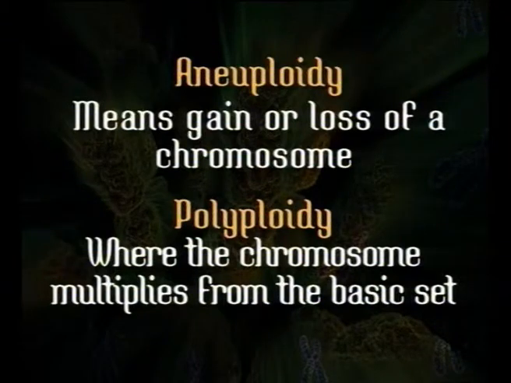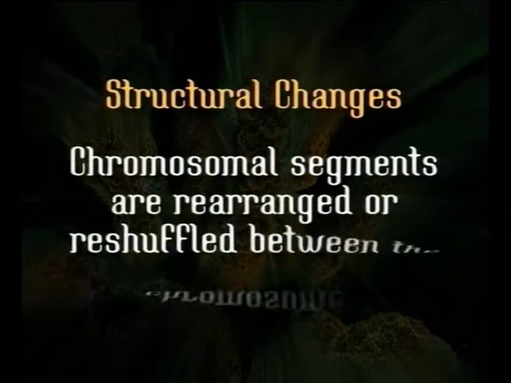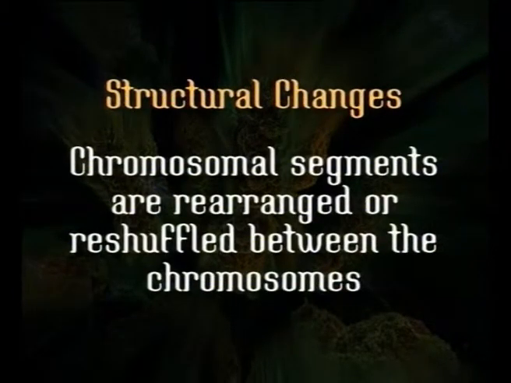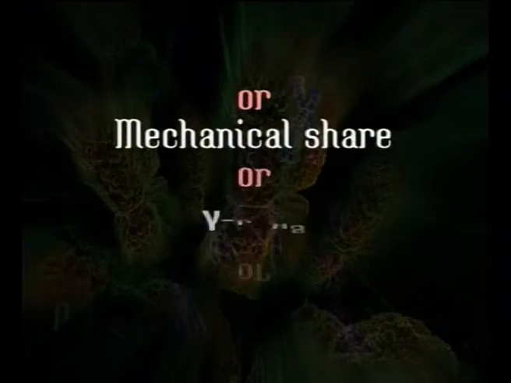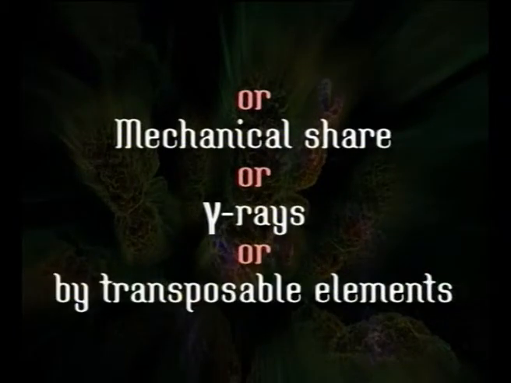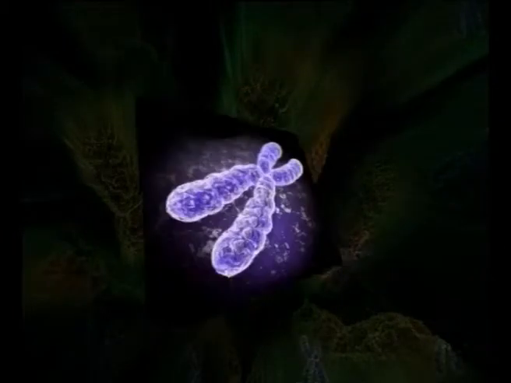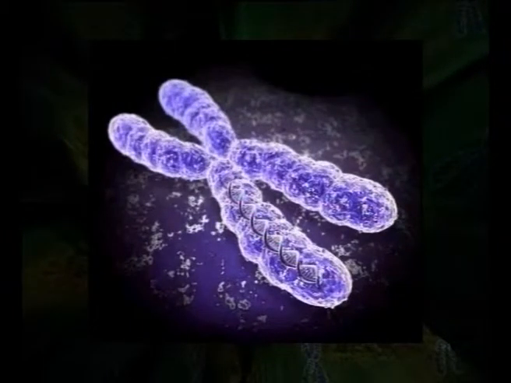On the other hand, we have structural changes in the chromosome, where chromosomal segments are rearranged or reshuffled between the chromosomes. These structural changes occur either spontaneously in nature, with the help of X-rays or mechanical shear or gamma rays, or by transposable elements which are generally present in the chromosomes.